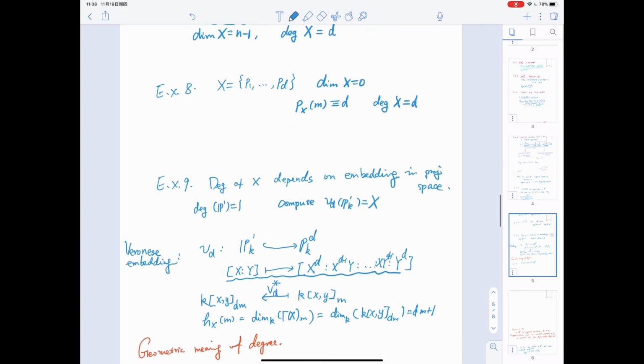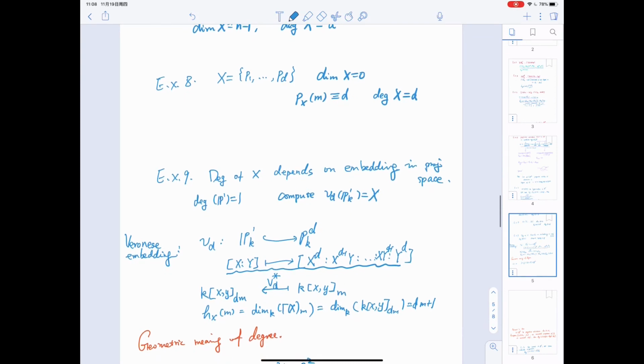Then the induced map vd star on the homogeneous coordinate ring identifies the graded pieces k[x,y]_m with k[x,y]_dm. So the Hilbert polynomial is dm plus 1, and its leading coefficient is the degree.